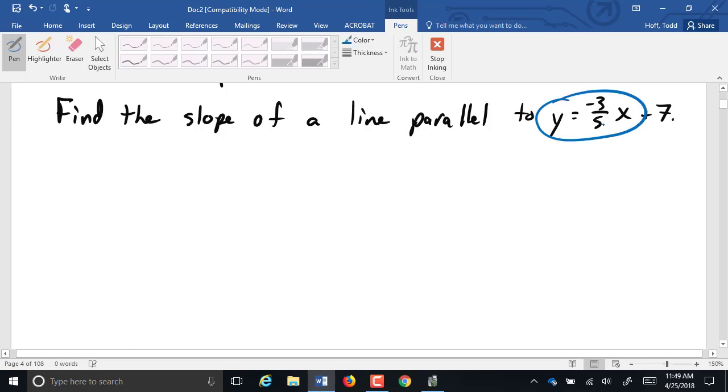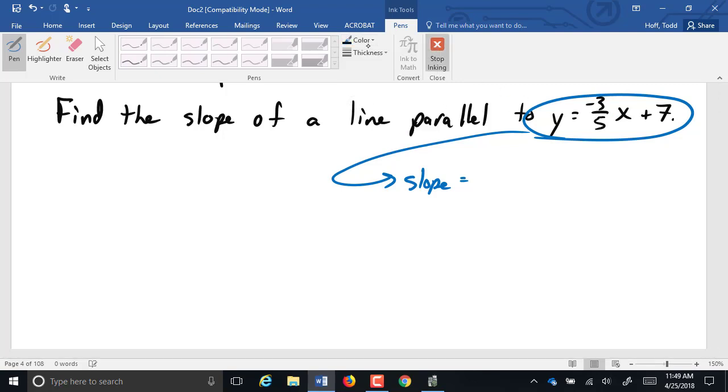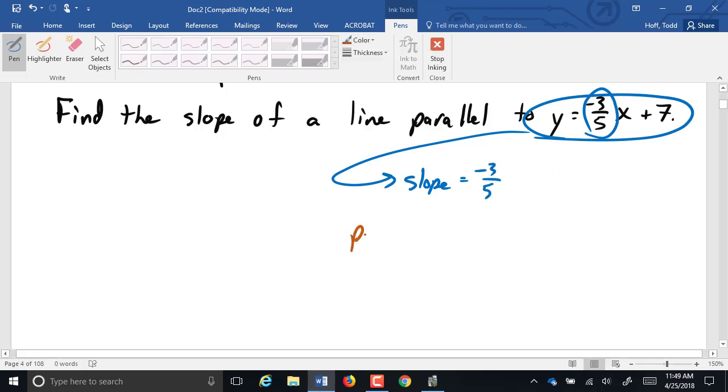Well, the slope of the line created by that equation is just the number multiplying x. The number multiplying x is -3/5. The slope of the parallel line will be exactly the same, -3/5.